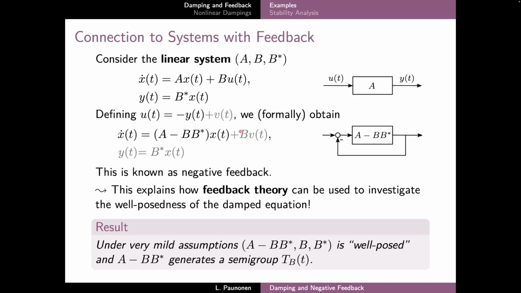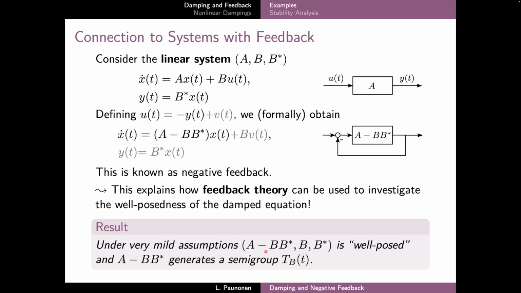And because of this connection to our original equation, we can use feedback theory in investigating the existence of solutions of our equation, because if we can find a feedback result which guarantees the semigroup property of the system under this negative feedback, then this is exactly what we wanted to know. Indeed, there is a lot of this kind of theory in infinite dimensional systems theory, even in the case of unbounded operators B and boundary dampings.